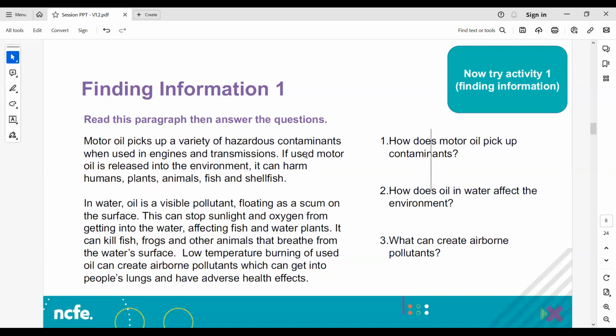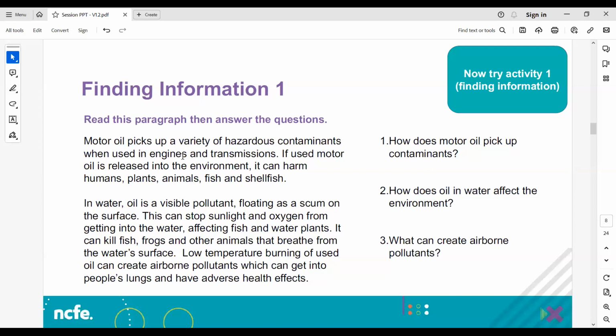Motor oil picks up a variety of hazardous contaminants when used in engines and transmissions. So you could actually just copy that sentence for your answer, or you could just write when it is used in engines and transmissions. Okay, so that's how it picks up the contaminants.